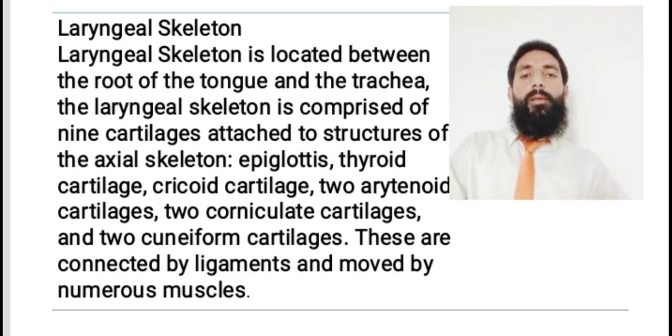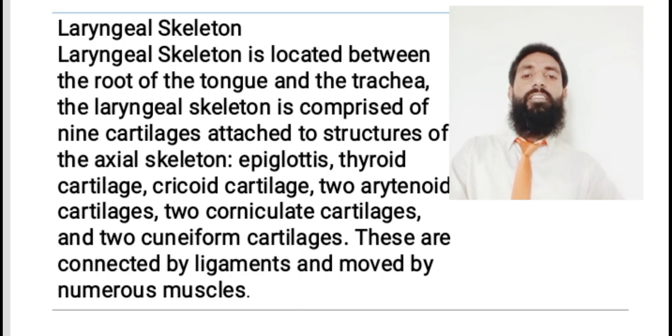So there are basically 9 cartilages attached to the structures of the axial skeleton: epiglottis, thyroid cartilage, cricoid cartilage, two arytenoid cartilages, two corniculate cartilages, and two cuneiform cartilages.